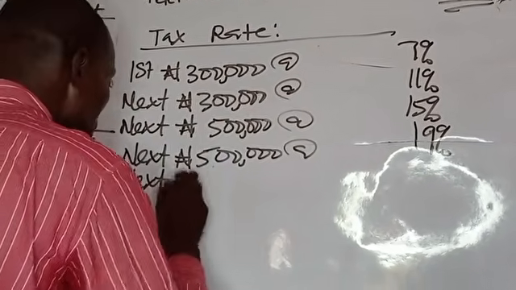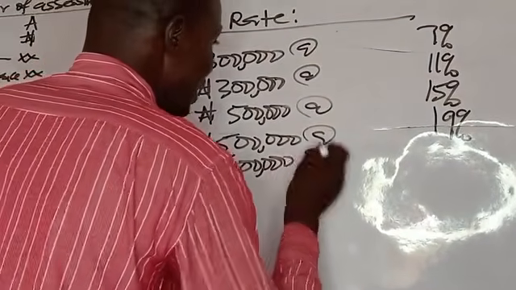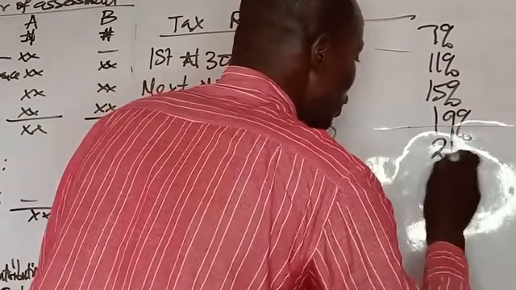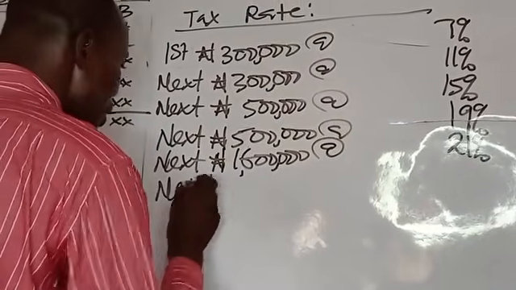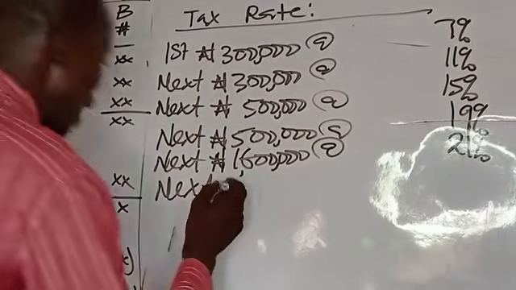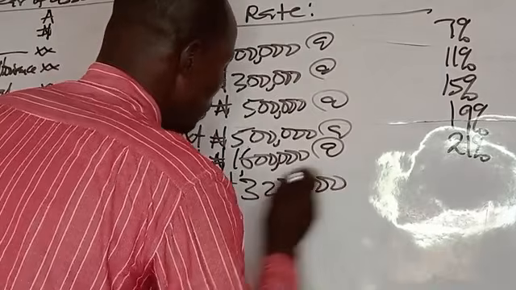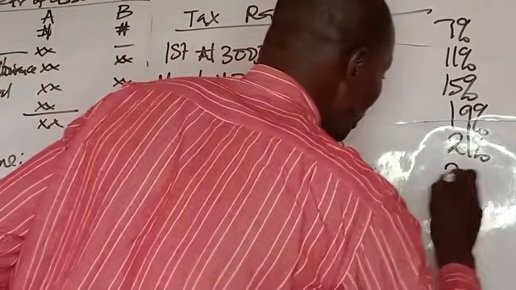Next 1.6 million will be taxed at, add 2 to it, not 4 again, till you have 21%. Then next, if you have 1.6 plus this, plus this, plus this, plus this, you have 3.2 million. Will be taxed at, add 3% to it, then you have 24%.